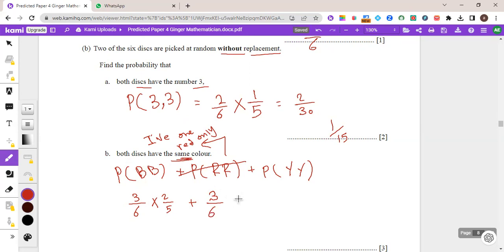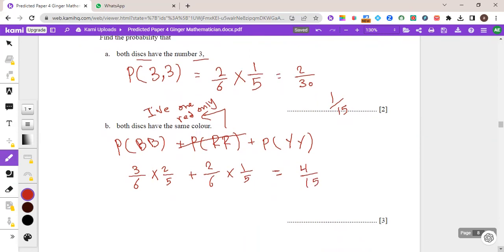Yellow: 2 over 6 times 1 over 5. So the answer is 4 over 15. Okay, complete. Question C.